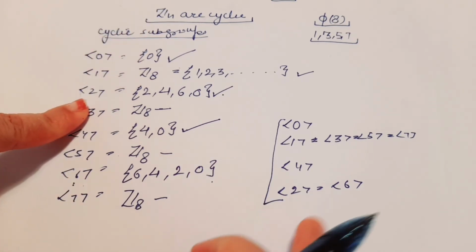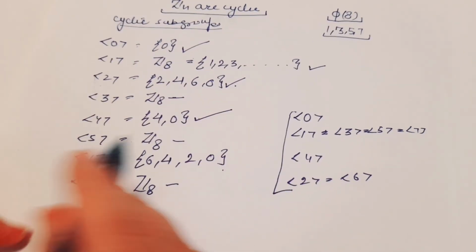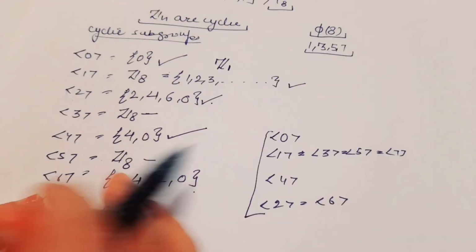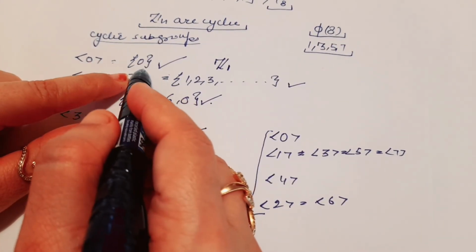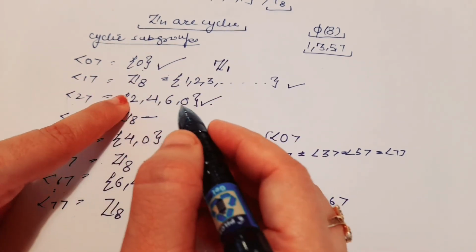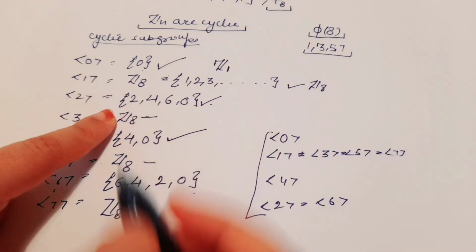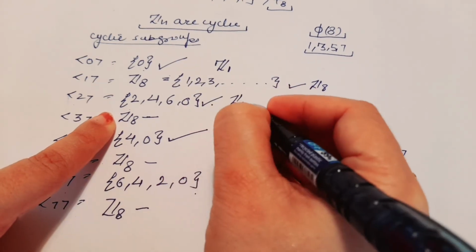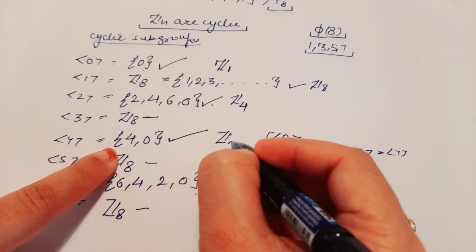These were not isomorphic to each other. The first is equivalent to Z1, because the order of this group is 1. This one is isomorphic to Z8 only. The order of this group is 4, so it is isomorphic to Z4. The order of this group is 2, so it is isomorphic to Z2.